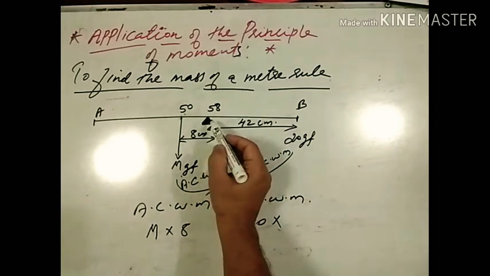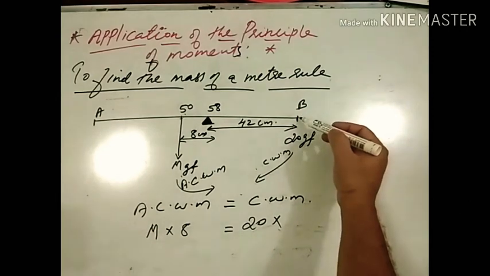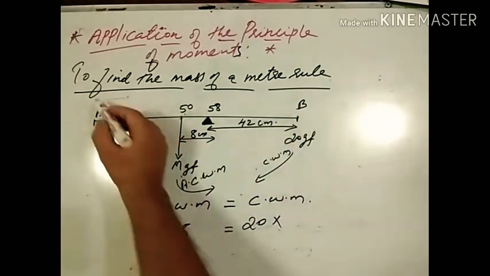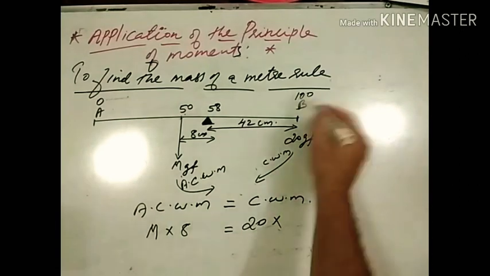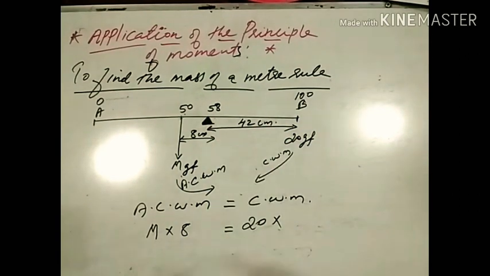The fulcrum is placed at the 58 centimeter mark, and it is a uniform meter rule, 0 to 100 centimeter or 1 meter. 100 minus 58, how much? It is coming as 42, right? Now what is m?